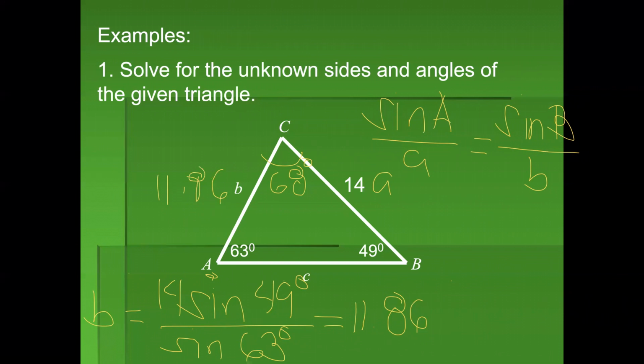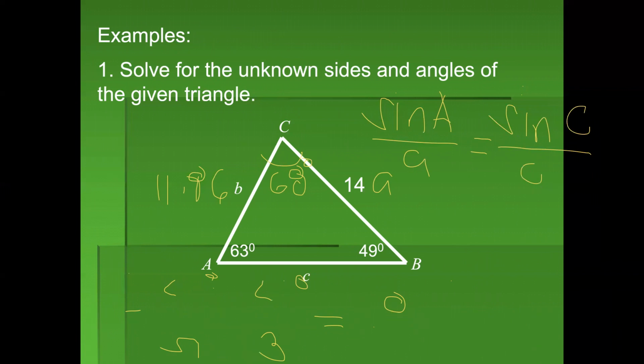Now let us solve for the last side, which is C. Again, let us use the original given, which is angle A and side A. With that, we can just use sine A over A equals sine C over C. And then again, let us just substitute the values given in the triangle.